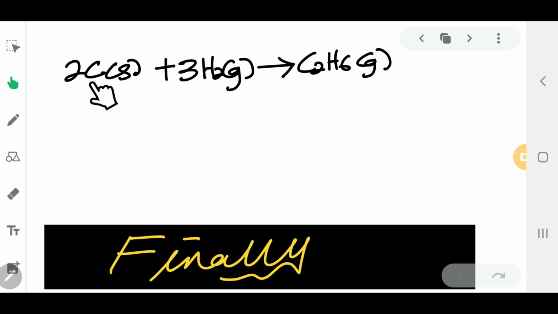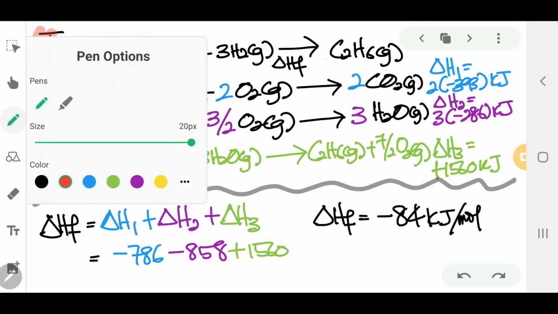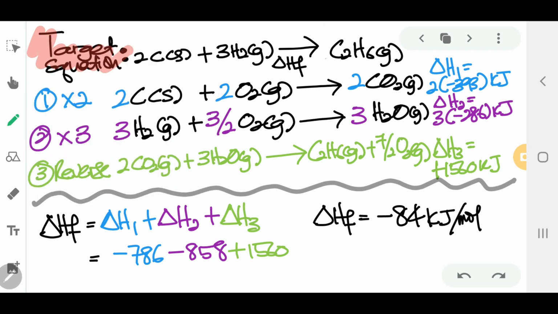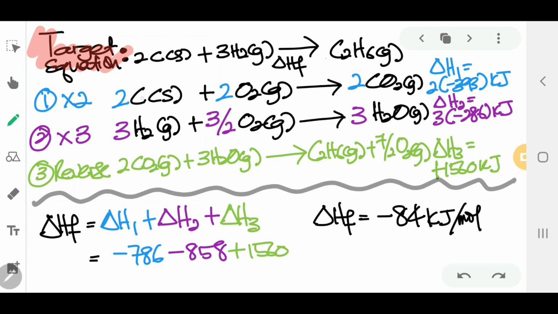Take the first one, 2 carbon solid, and look for 2 carbon solid in the thermochemical equations which you have altered. I'm going to use purple. So 2 carbon solid is right over here, in equation number 1 that is multiplied by 2.